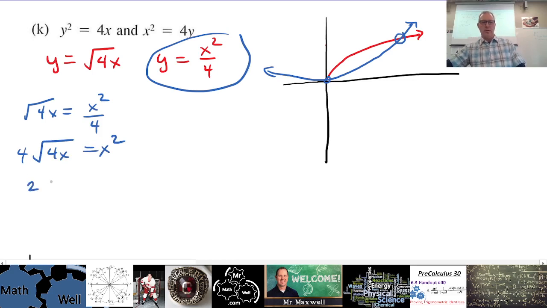We get 2 times root 4x equals x. No, we're not squaring that, sorry. Taking the square root of both sides here, this 4 can come out. So that's going to be 8 root x. Let's do this way first. 8 root x equals x squared.